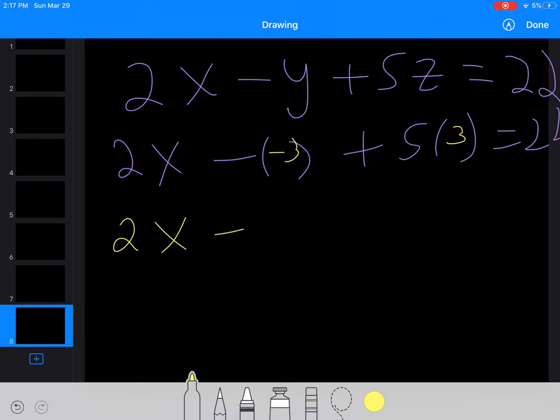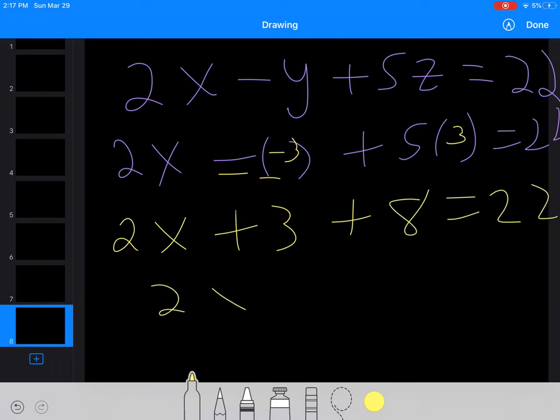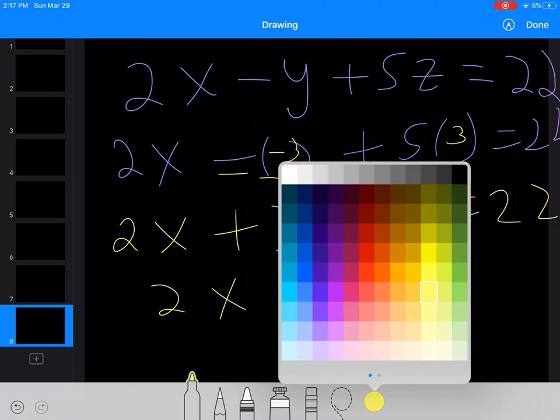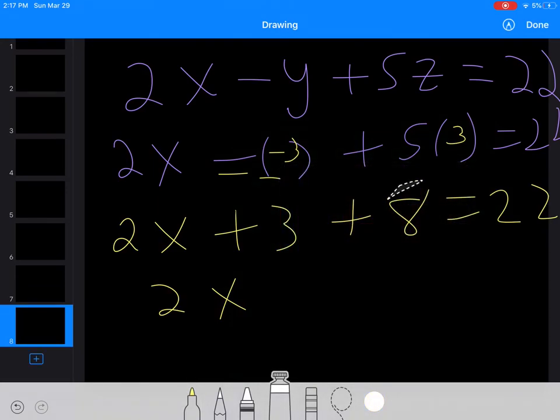We get 2x plus 3, because this negative and negative turns to positive, plus 8 equals 22. Actually that's not going to be 8, that's going to be 15, because we're not adding, we're multiplying there. So let me erase that.